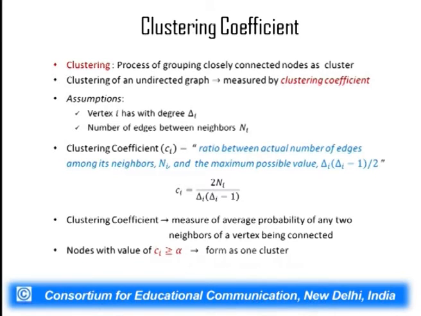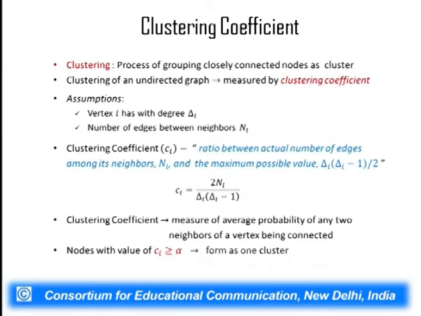We can go on calculating the clustering coefficient of each node, as it is a measure of the average probability of any 2 neighbors being vertices in the close neighborhood of that particular node.